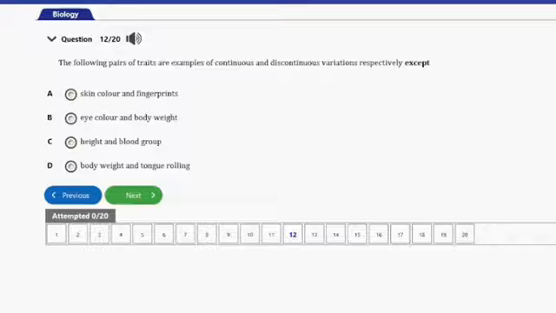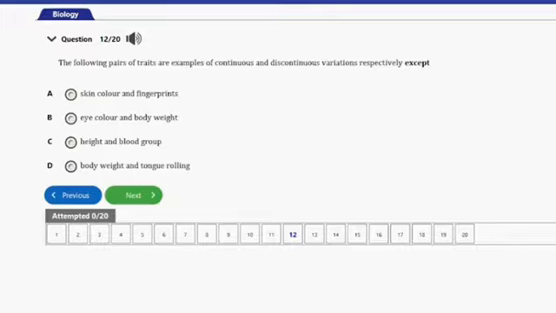But guys, when it comes to option B here, you will notice that you have discontinuous before continuous. So you have eye color, which is discontinuous, and then body weight, which is continuous. So in that manner, it is not following continuous and discontinuous variation respectively. So option B is the answer to this question.